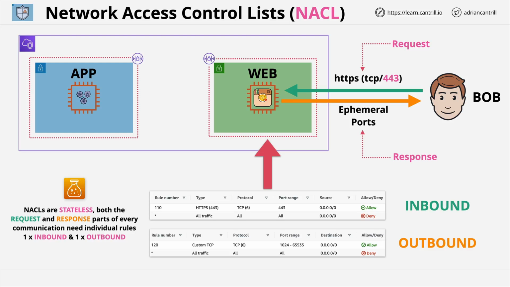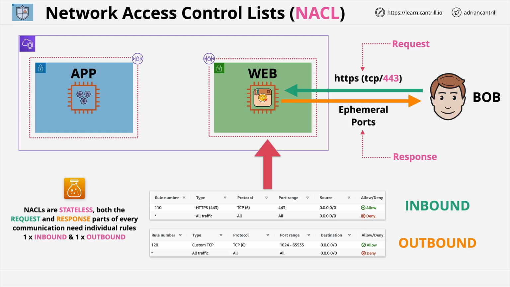We also have on the outbound rule set rule number 120, and this allows outbound traffic to anywhere, again 0.0.0.0/0, as long as the protocol is TCP using the port range of 1024 to 65535, and this is the ephemeral port range which I mentioned in the previous lesson.